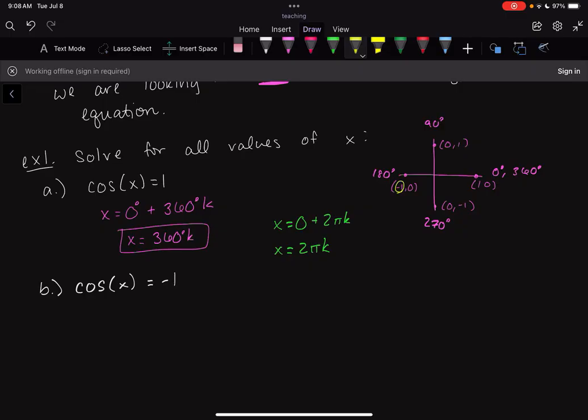So that would be right here. So that's happening at 180 degrees. So what I'm saying is that x is equal to 180 degrees. But we have to remember that we can keep finding answers in the same location. So we'll say plus 360 degrees k. And then in radians, this would be pi plus 2 pi k.